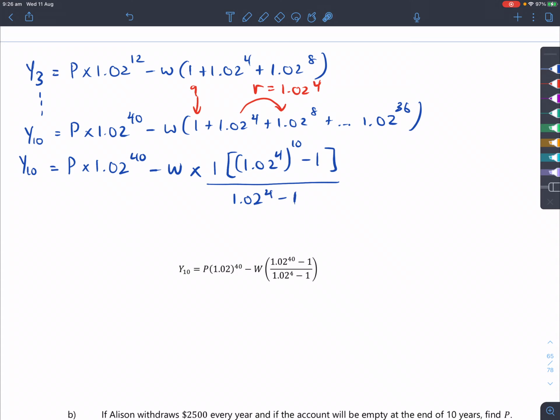So all you have to remember there is this term here is basically 1.02 to the power of 0.